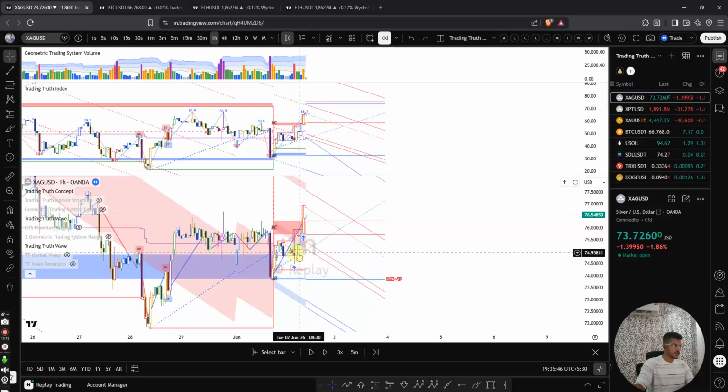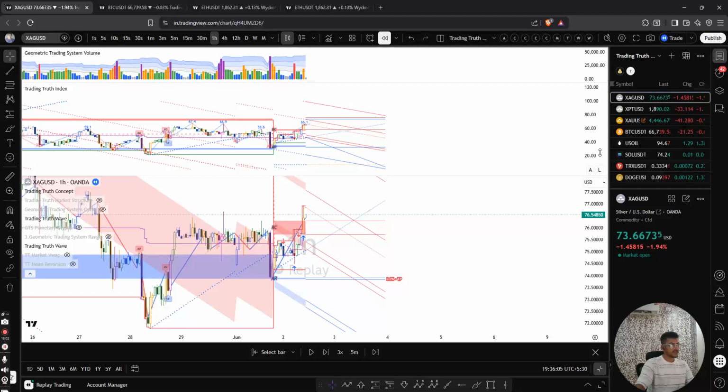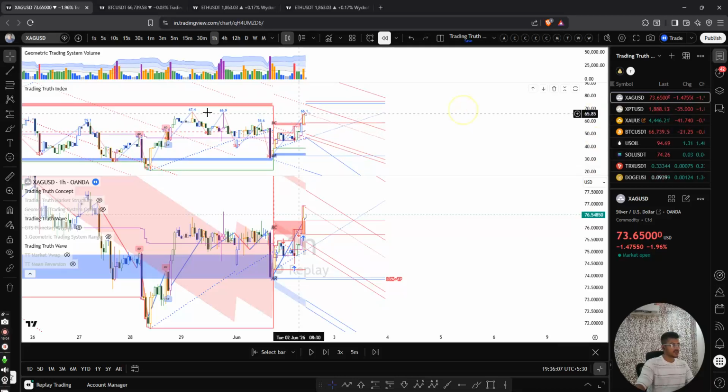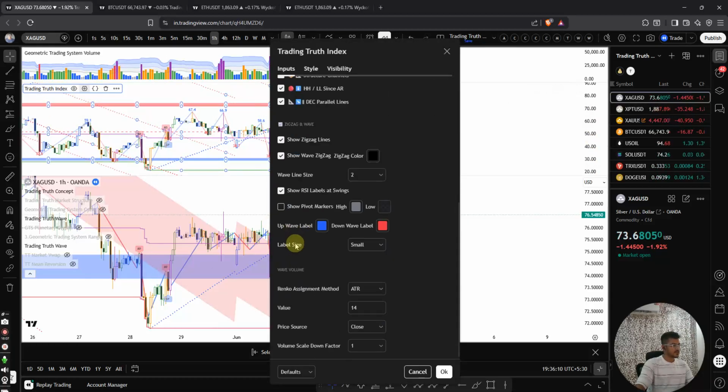The market is just going up. It breaks this resistance, goes up, right? Same goes on the RSI as well. There was one long trade here, right? And then as soon as it hits this resistance, we'll see that the market is coming down, so we'll actually short the market.